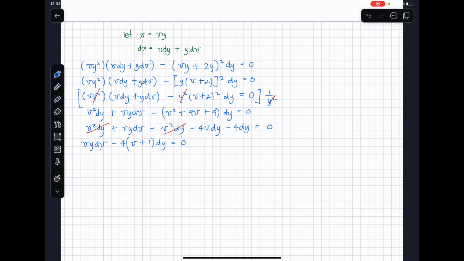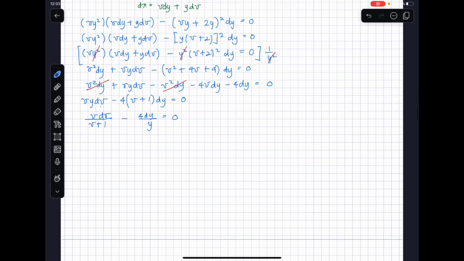So this time, this one becomes a separable equation. That leads us to v dv over (v plus 1), then minus 4 dy over y is equal to 0.